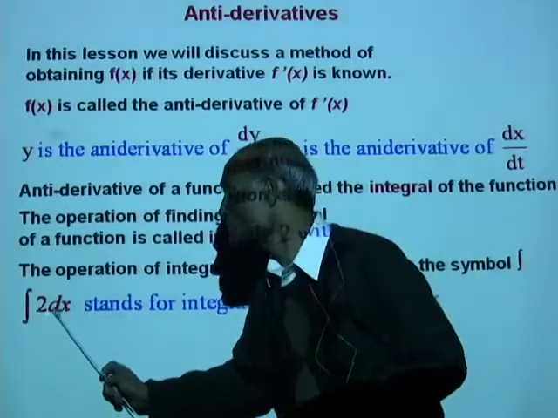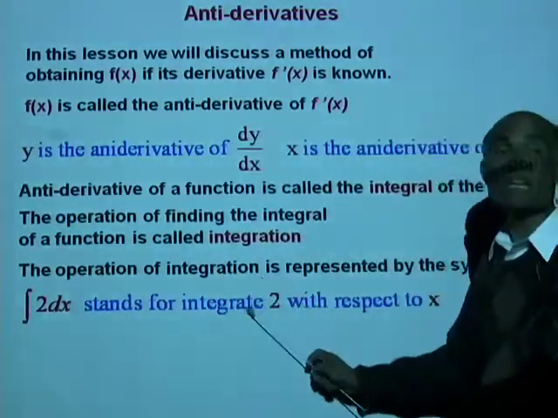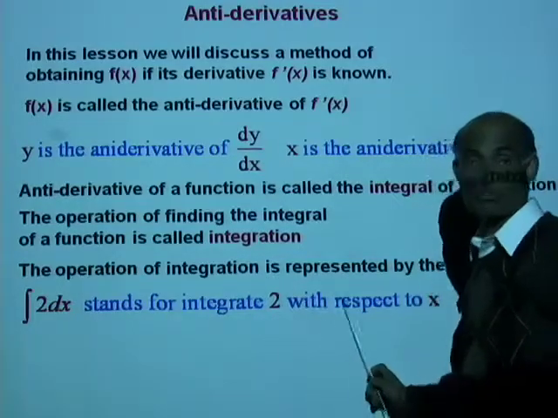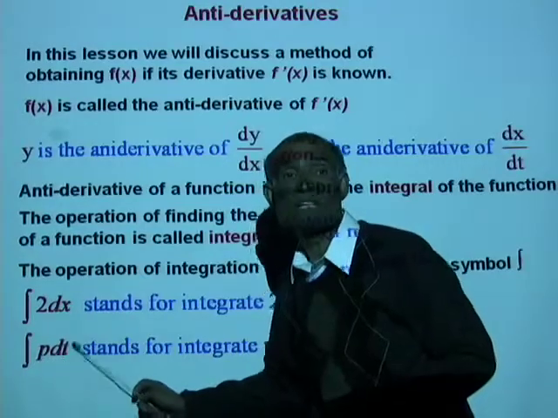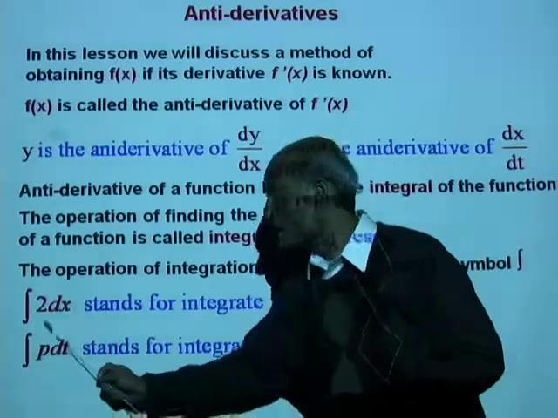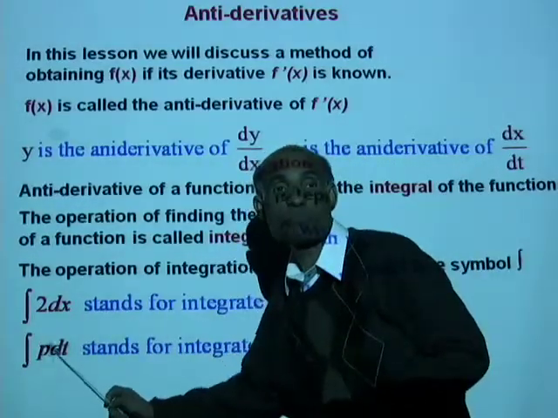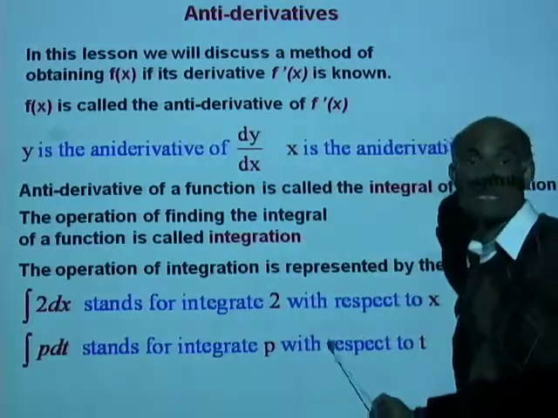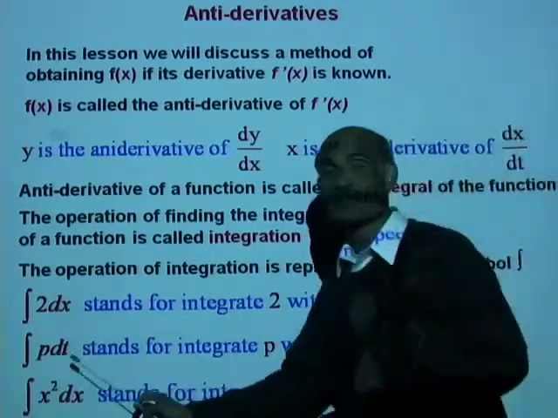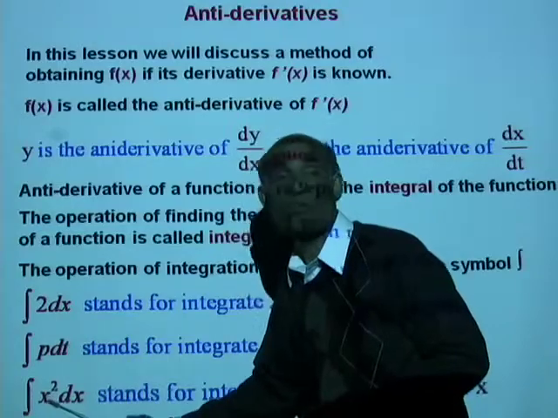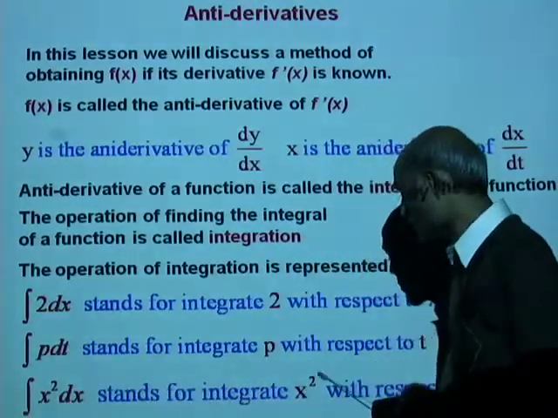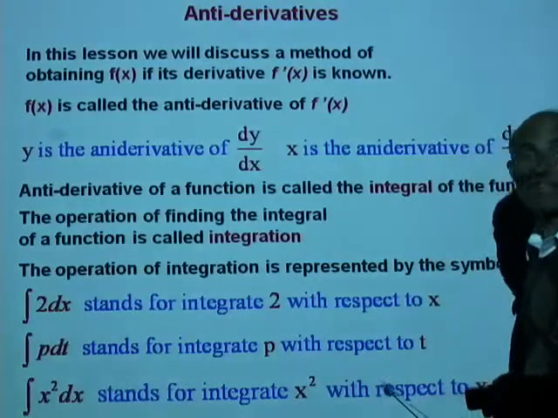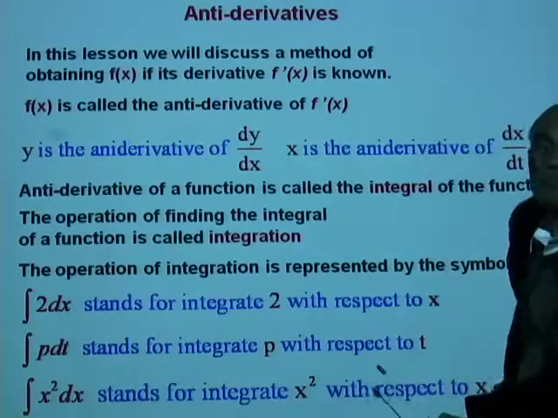Integral p dt stands for integrate the quantity p with respect to t. Integral x squared dx stands for integrate the quantity x squared with respect to x.